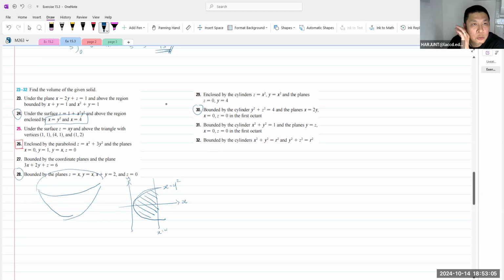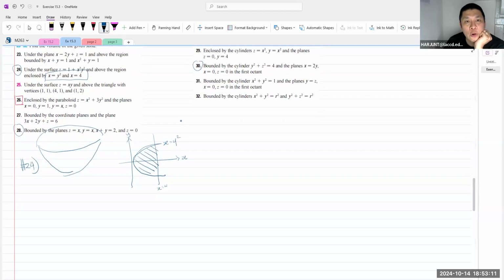Okay, that's for number 24. If we call this our D, then our volume equals the double integral over D of 1 plus x squared y squared dA. Is that right? So that part is easy, I think. But how about the domain of integration? I think that's the harder part.